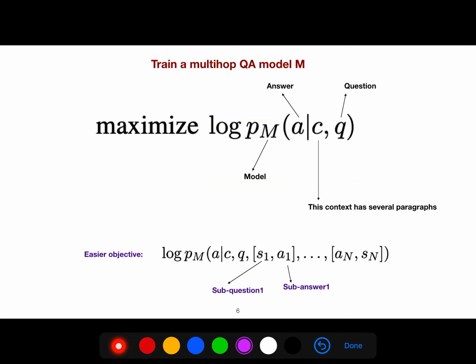So we train a multi-hop question answering module M by maximizing this log probability: what is the probability of the answer, given that you know the context, several paragraphs in this case, and your question. But the easier objective is to decompose it, say, okay, this is sub-question 1, sub-question 2, up to sub-question n, the sub-questions and the answer.